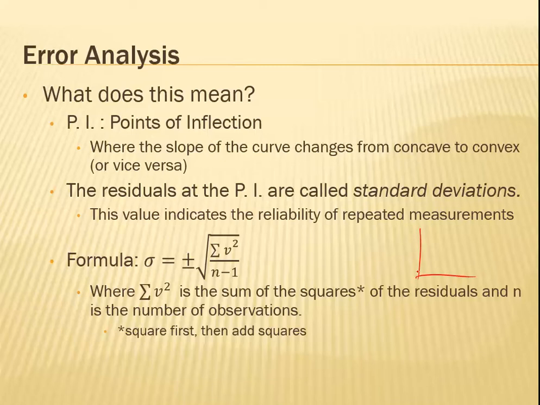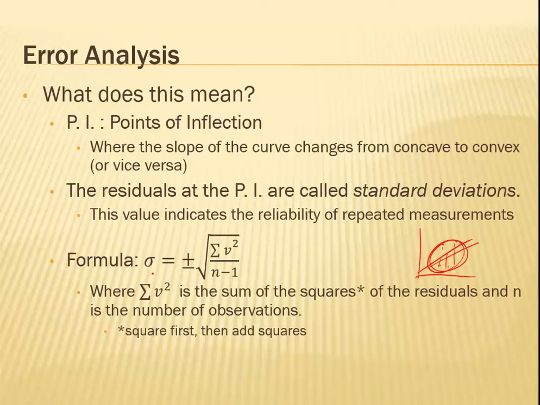If we had this graph and we have all these points, it's a way to calculate a number that represents how off we are from the mean. I'm going to talk about the difference between standard deviation and standard mean error. Here we're looking at the reliability of individual measurements in general.